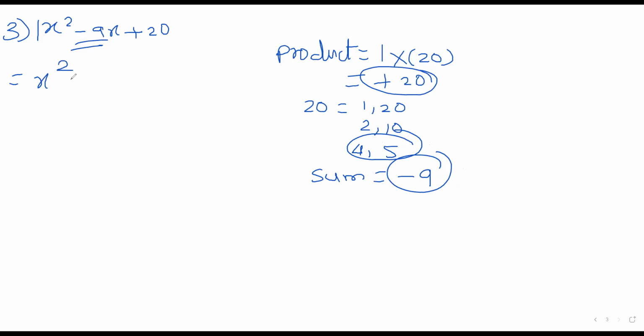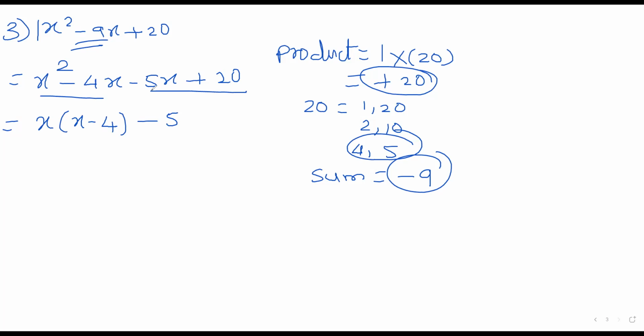So what do you get? X square minus 4x minus 5x plus 20. You can write either first; both are negative, that's why. Just be careful with the negative sign. What common can you take from the first two terms? X. Inside you get x minus 4. What common can you take here?